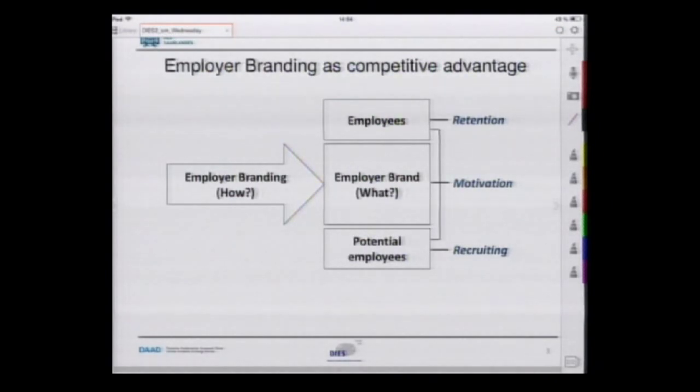Why do you think it is relevant to also have the internal view? You can go to another university. Yes, it's important because you can hire an expert, an international professor in some field of research, but if you don't have the conditions to develop the personnel, he's going to go to the other university.